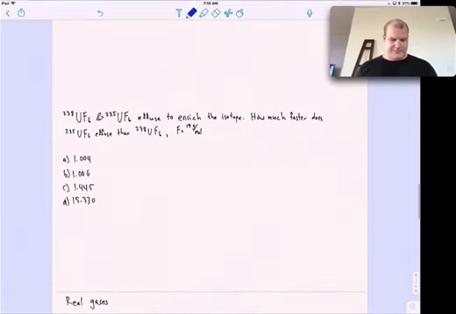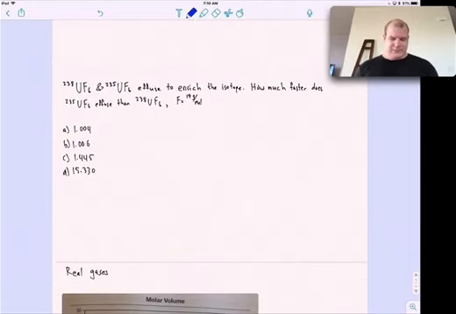Okay, and so why do we care besides unknowns? This is how we enrich uranium. This is one of the ways we can do it. There's another technique where you can use lasers to enrich uranium. But a classic way they do it is to form uranium hexafluoride, also known as yellow cake, and that boils at a much lower temperature.